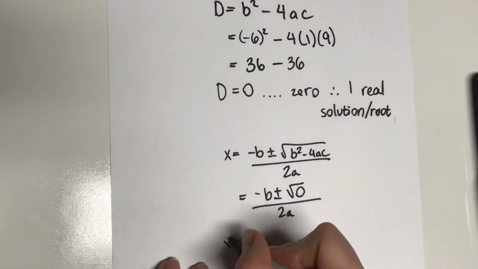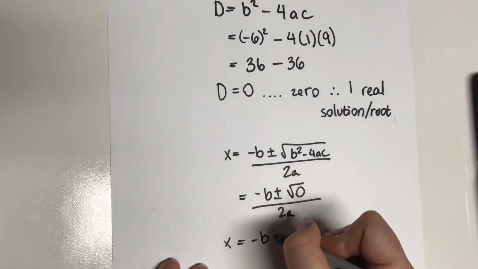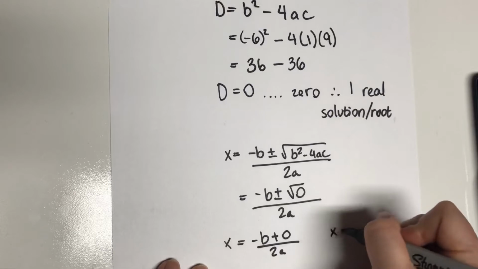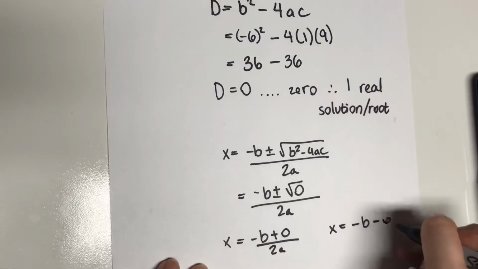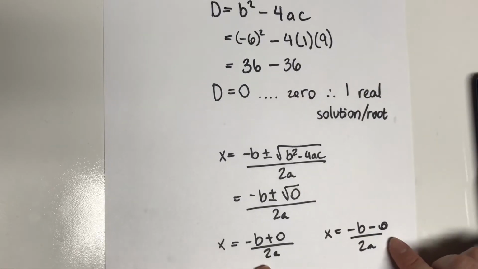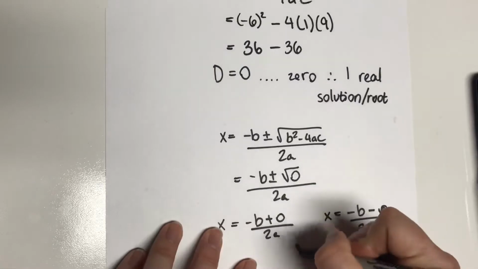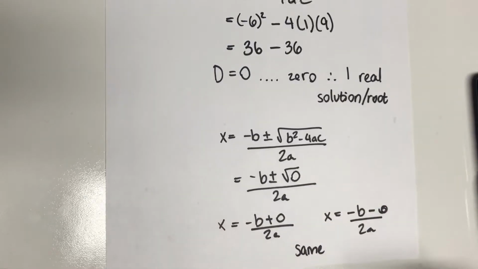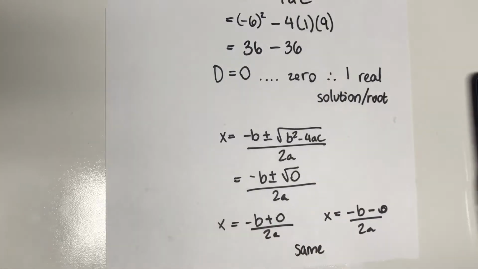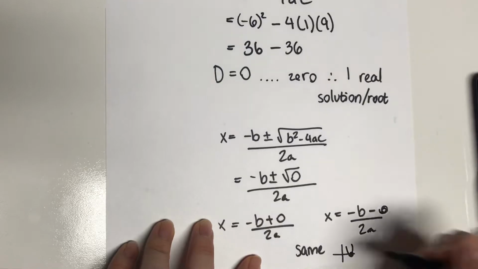So my two roots are going to be -b plus 0 over 2a and -b minus 0 over 2a, which is going to give me the same number. So they're going to be the same. So that means there's only one solution because it's going to be the same number. So it's going to cross it at the same point twice.